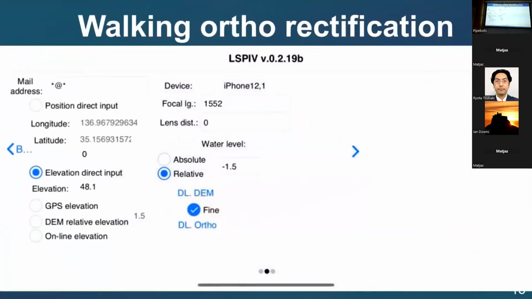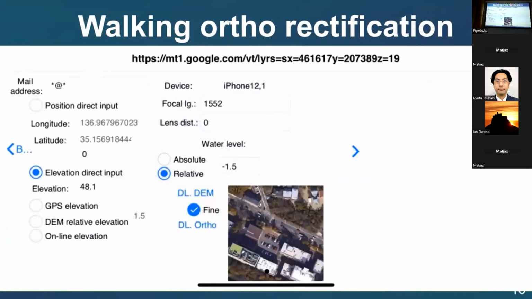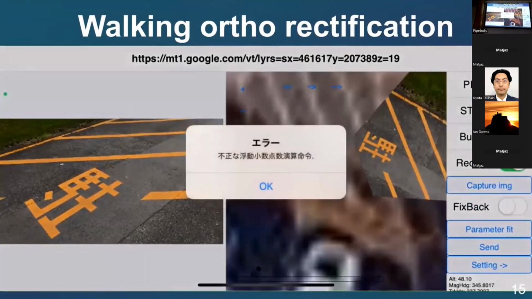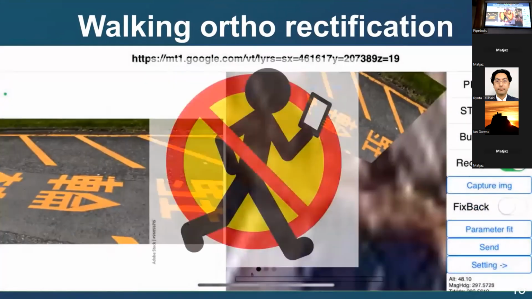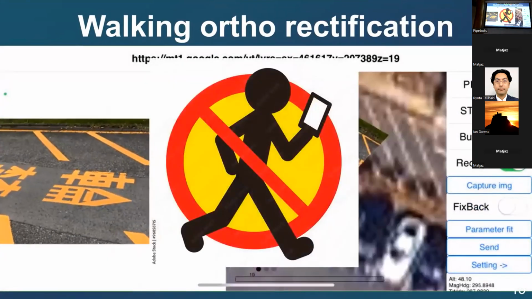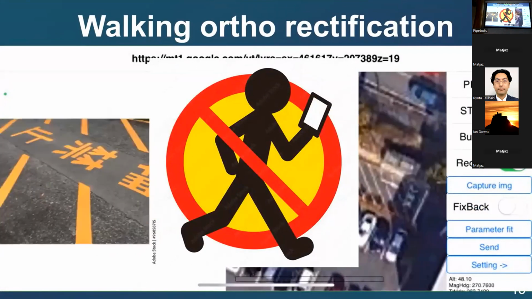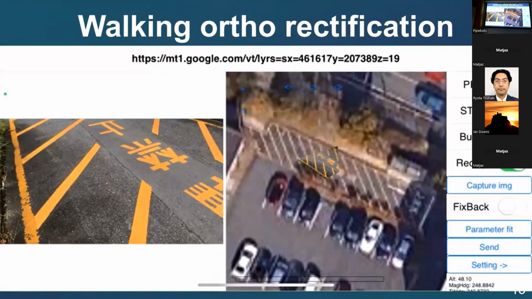Another demonstration of the app. Using the smartphone while walking is not good behavior, but maybe it's allowed for scientific experiments.